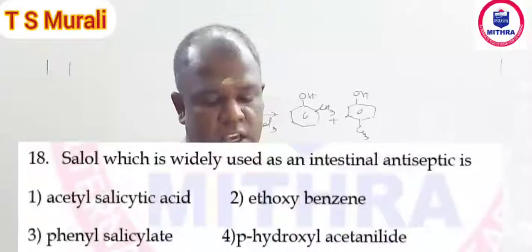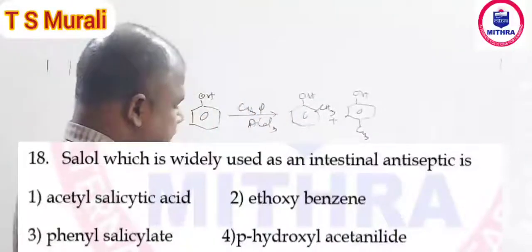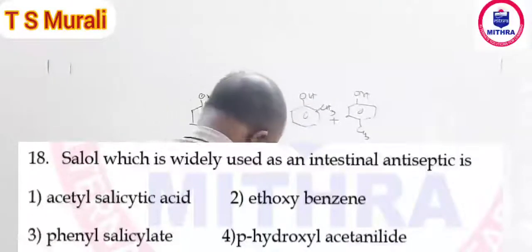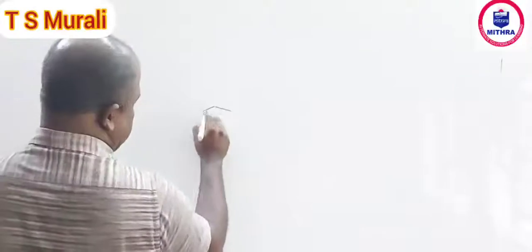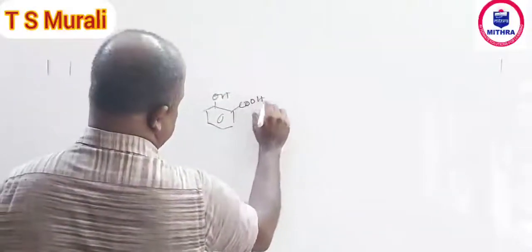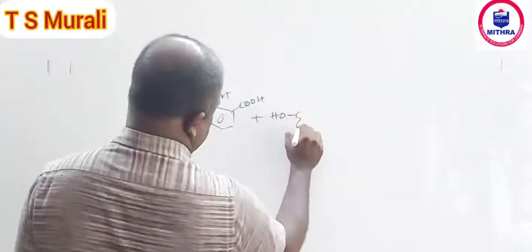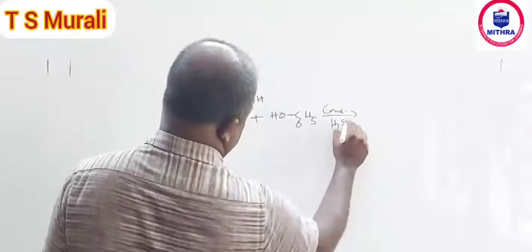Salol, widely used as an industrial antiseptic. What is salol? Salicylic acid, you know, is an important chemical, especially in allopathy. Salicylic acid is treated with phenol in the presence of concentrated sulfuric acid.